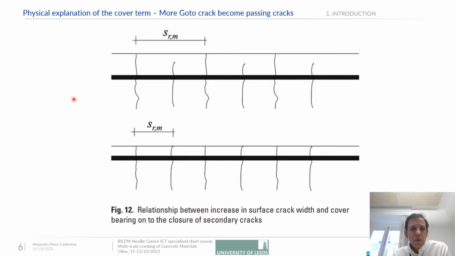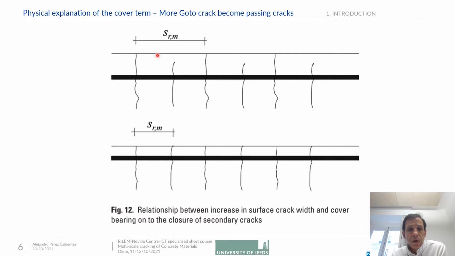The reason which I think explains this behavior is the fact that near the bar, you have a lot of cracks forming, one on each rib. These are the very well-known go-to cracks. But very few of these cracks actually make it to the surface.